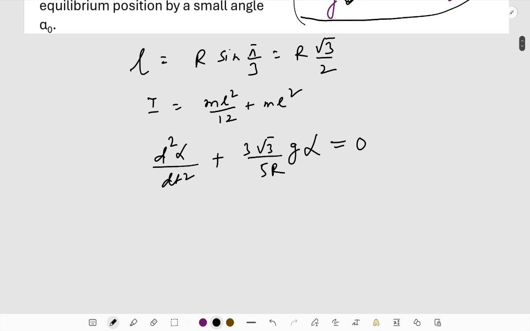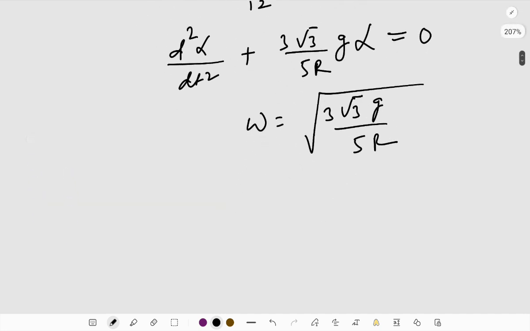And then you can get the natural frequency of the rod, and that will be root of 3 root 3 g upon 5r, and like this you can find the angular frequency. We needed to find out the law of motion, and this you can write simply in terms of alpha and t.